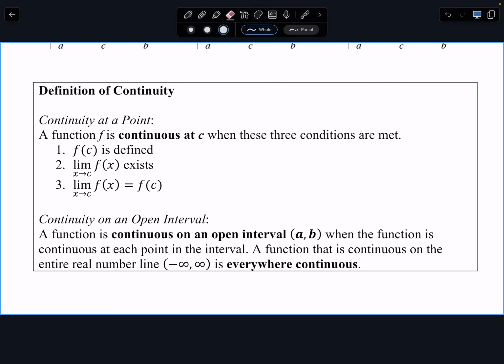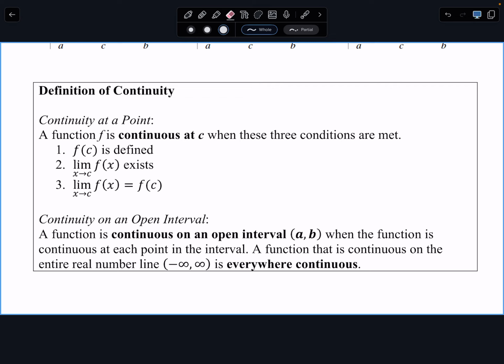And then for the function to be continuous, if the function is defined and the limit exists, and those values are equal to each other, then the function is continuous at c. So that first case of when the limit exists that we had talked about, that's whenever a function would be continuous at c.